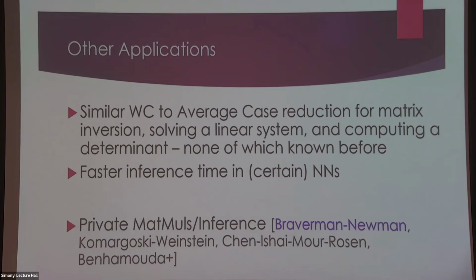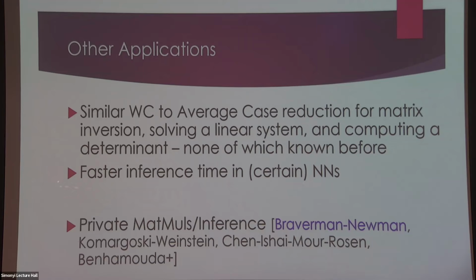All of this now we have the same worst case to average case reductions, again conditioned on these cryptographic things. So for example, if I have an algorithm that computes the determinant of a random matrix slightly better than always answering 0, then I can have, in the same running time, an algorithm that computes the determinant for any worst case matrix.